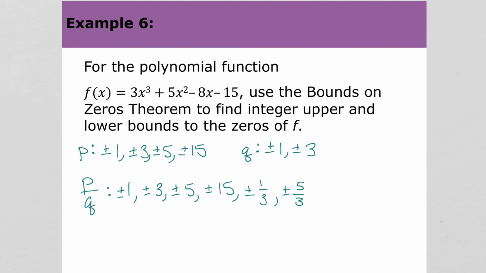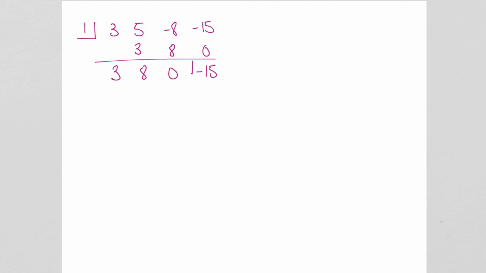The first positive number in our p over q is 1, so we'll start with synthetic division with 1. Now, it said the third row has to be all positive.